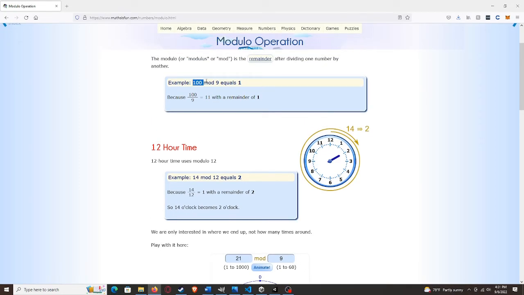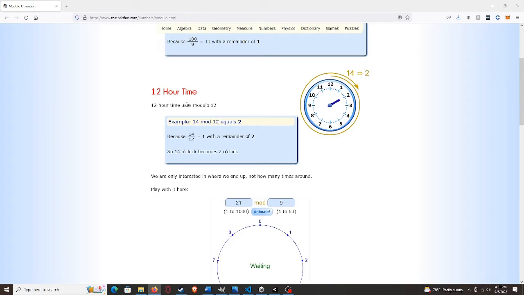Modulo of 1 mod 9 equals 1. Because, wait, hold on, let's do something easier. Yeah, 12-hour time. Modulo 12. 14 mod 12 equals 2. So you're getting 14 divided by 12.